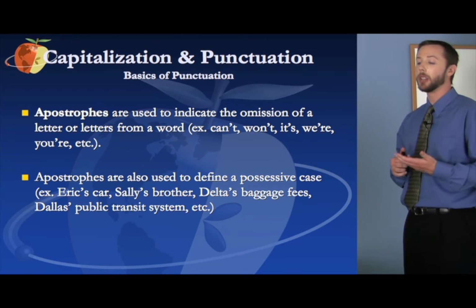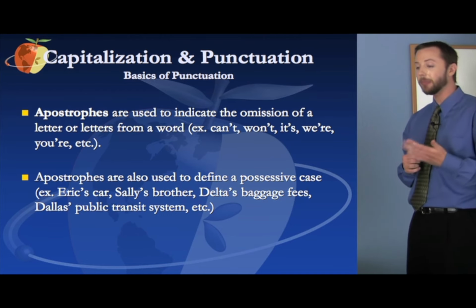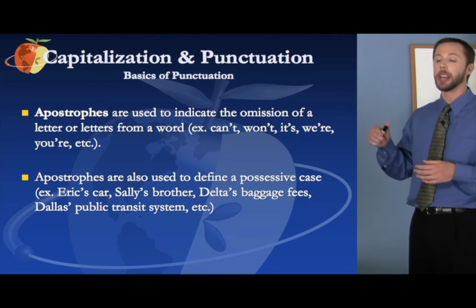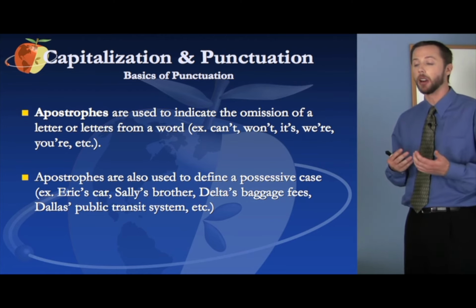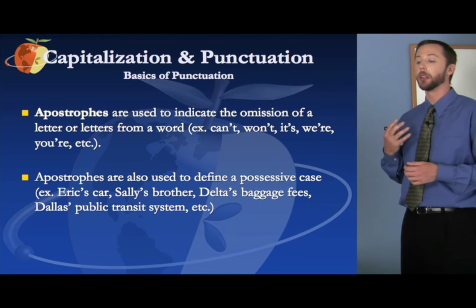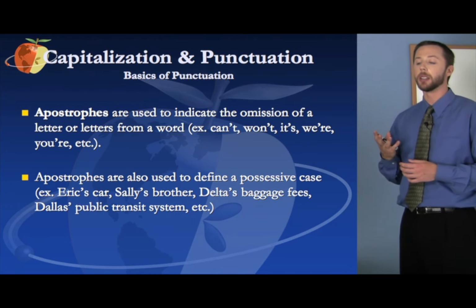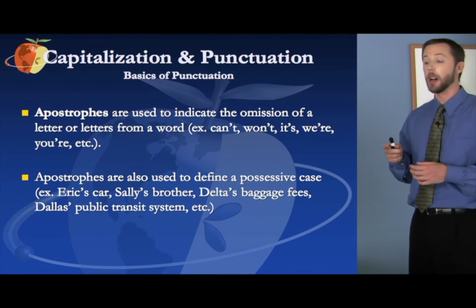Apostrophes are also used to define a possessive case. For example, Eric's car, apostrophe S. It's the car belonging to Eric. Sally's brother, Delta's baggage fees, Dallas' public transit system. You'll notice in the case of Dallas, because it ends with an S, we simply put an apostrophe.